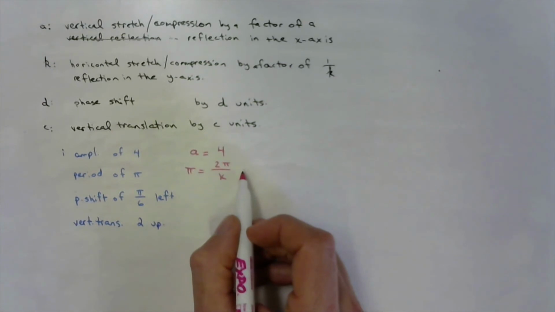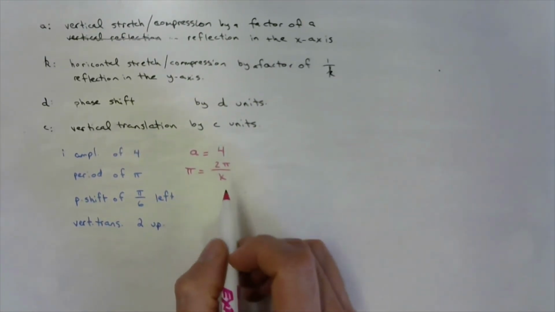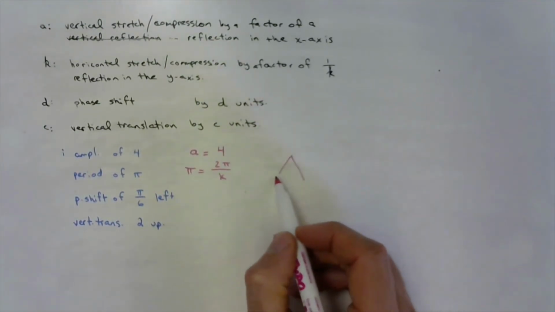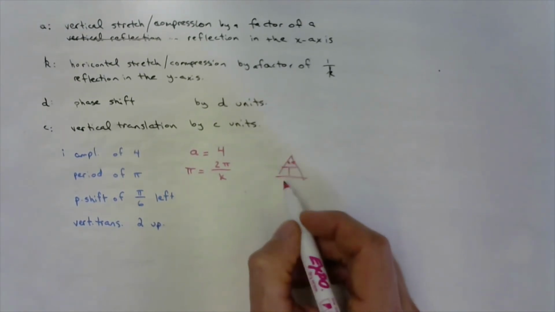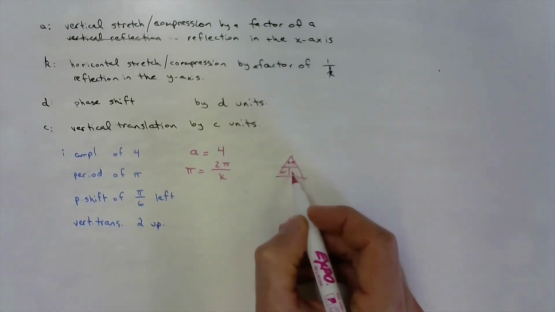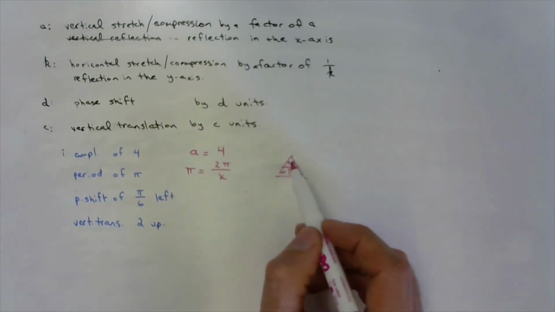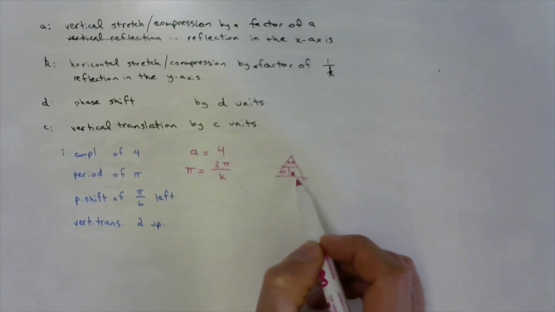You can think of this a couple of different ways. You can think of it as a division triangle, where 2 pi is up here and you have pi and k. And so 2 pi over k equals pi. Pi times k equals 2 pi. So what does k have to be if pi times k is 2 pi?